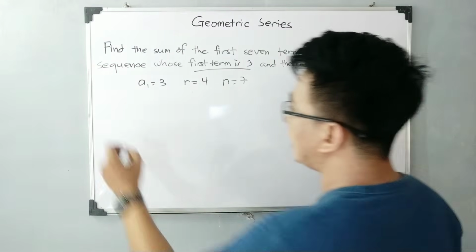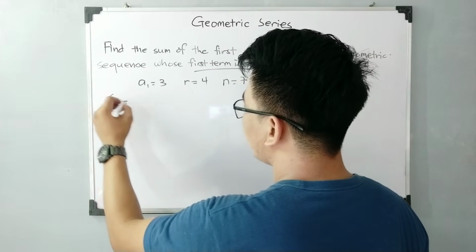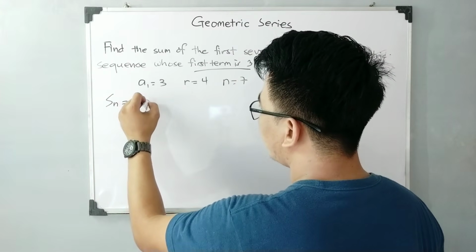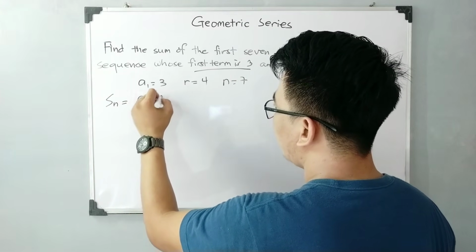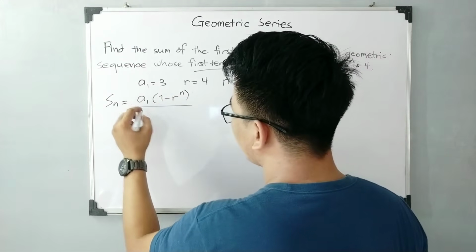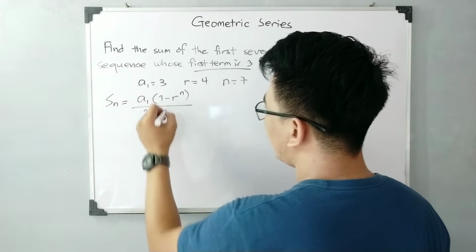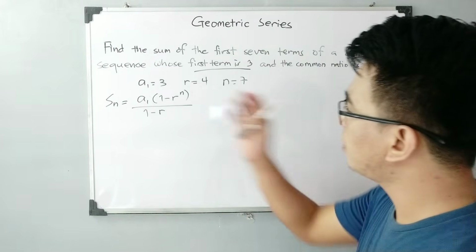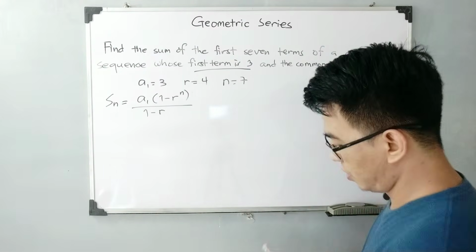Now, using the formula, S of n is equal to a sub 1 times 1 minus r raised to n over 1 minus r. Let's continue. Let's substitute these values.